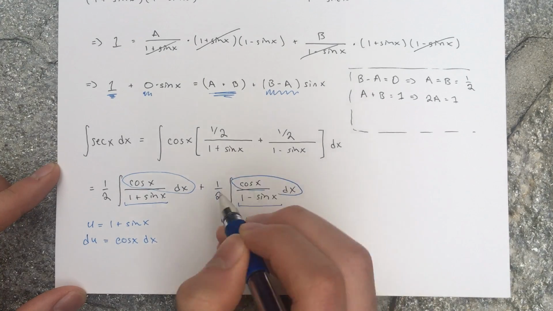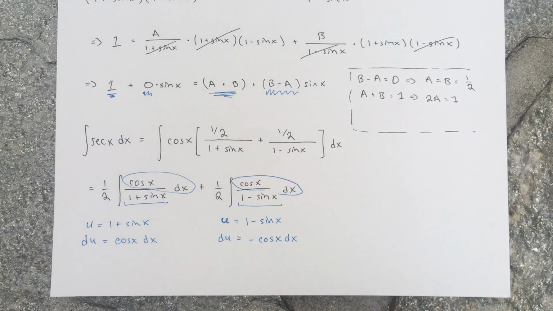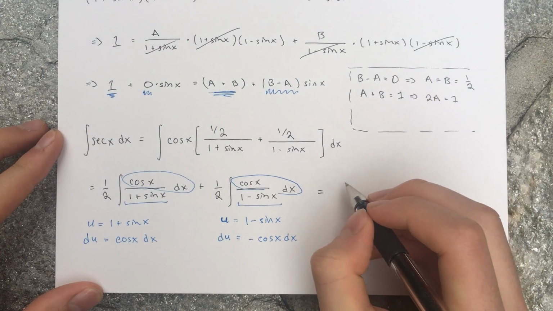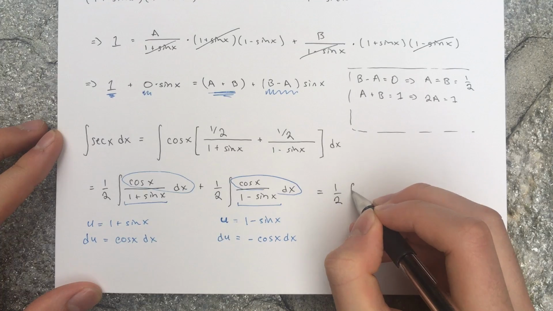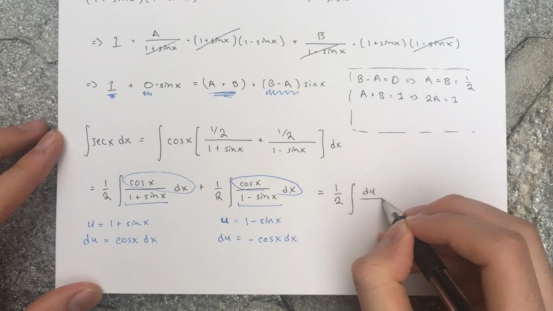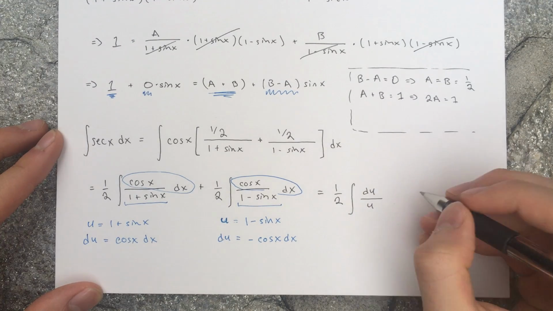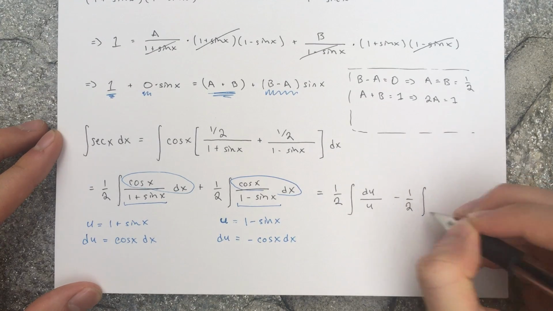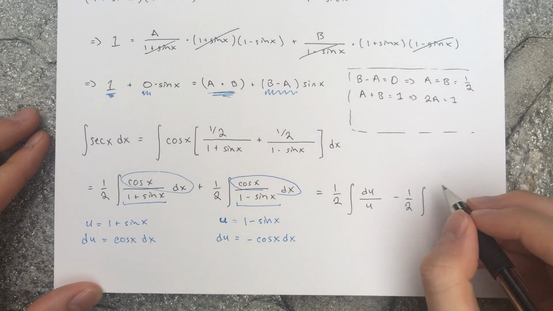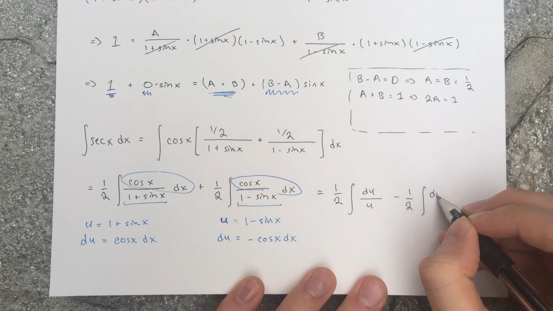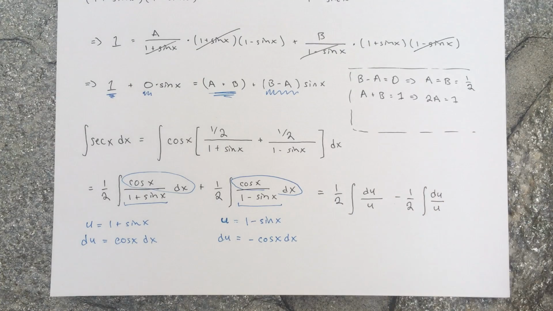And that's going to be right here if we add a minus sign. So now if we rewrite this integral, we'll get 1/2 integral of cosine x dx is just du divided by u, and then minus 1/2 integral minus cosine x dx is going to be du over u.